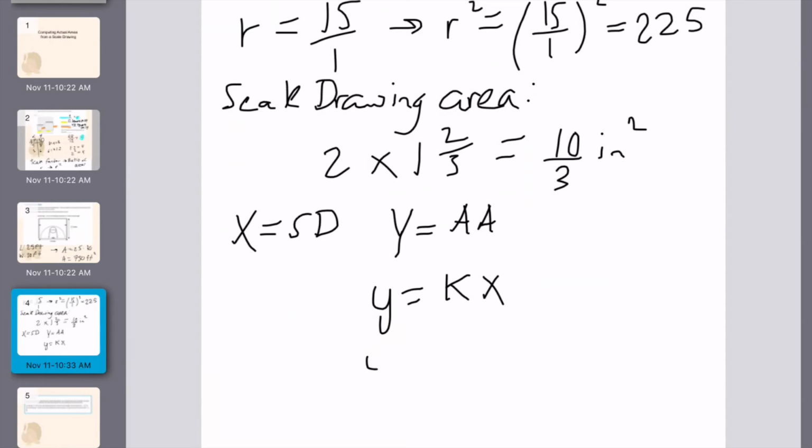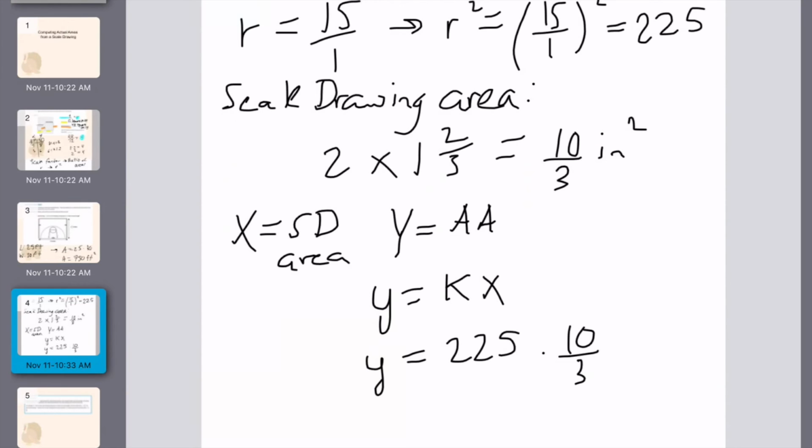So in this case, it's y equals my k, or r squared, which is 225, times 10/3, which is my scale drawing area. Oops, let me put that in there, area. So 225 times 10 divided by 3, well, that actually comes out to be 750 as well. So I know that the actual area using the given scale is 750 feet.